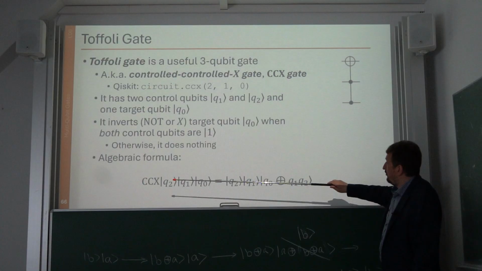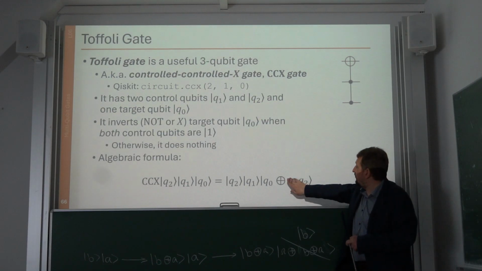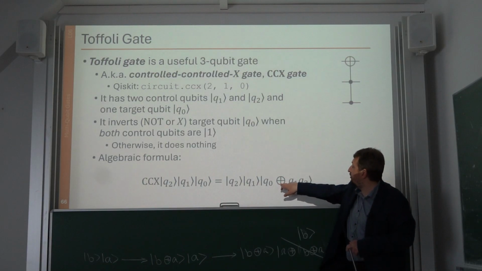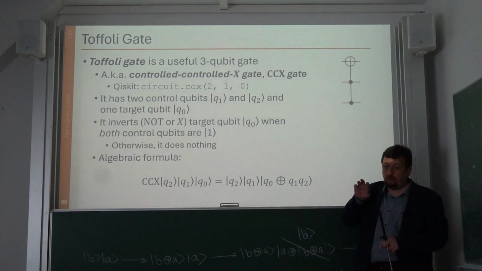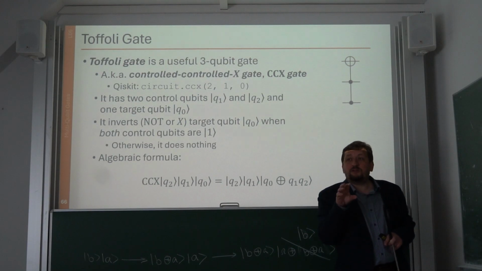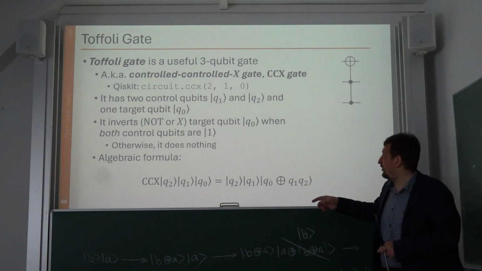You can use a formula to describe this. And in contrast with a single CX, where we do not have Q2 but have Q0 XOR Q1, a single control X allows us to realize the logical operation XOR.